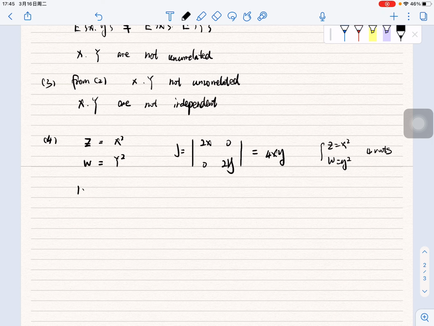Also, the absolute value of x is less than 1. The absolute value of y is less than 1. We can get that z is larger than 0 and less than 1. W is larger than 0, less than 1.